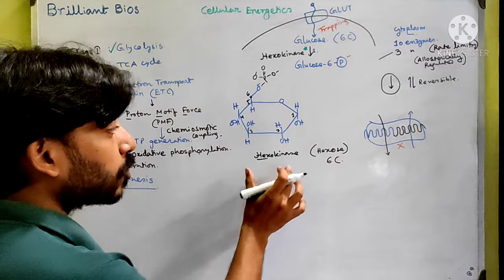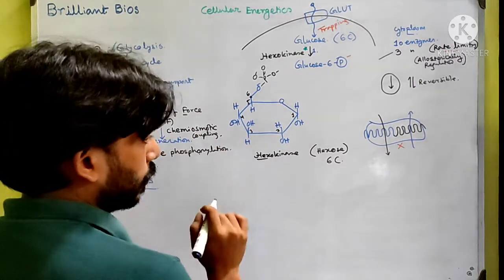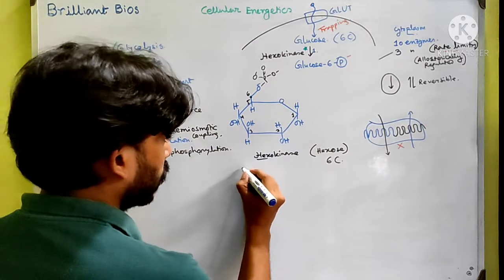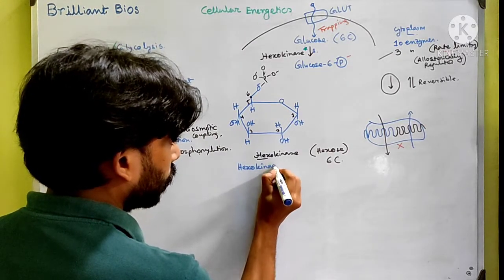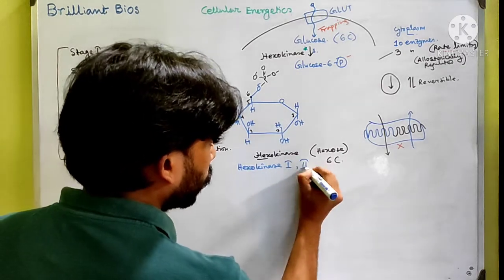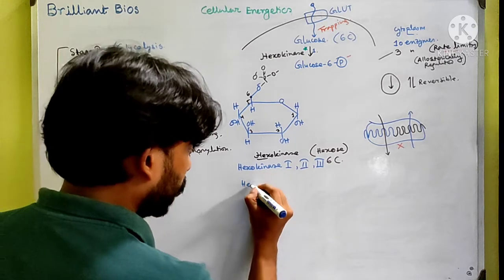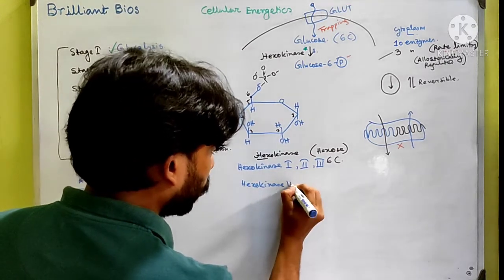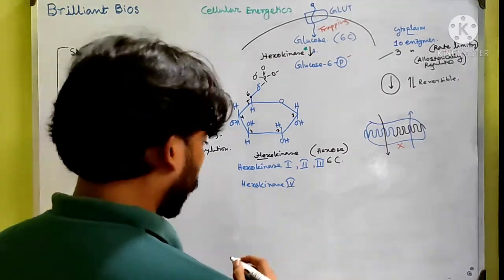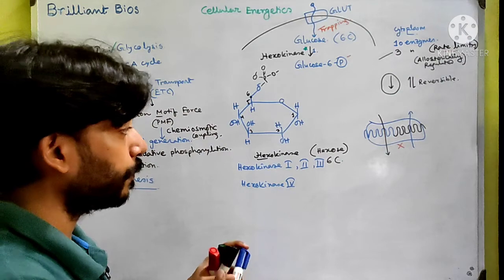Yes, there are many isozymes or isoforms of this hexokinase called hexokinase 1, 2, 3. And there is another hexokinase I am writing in lowercase, that is hexokinase 4. This hexokinase 4 is different from 1, 2, 3, so I am writing it separately.